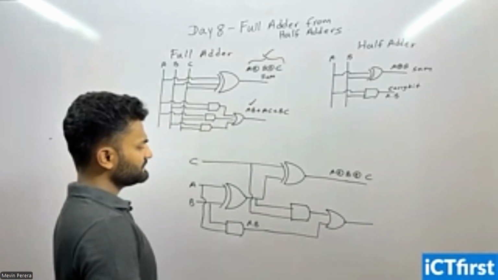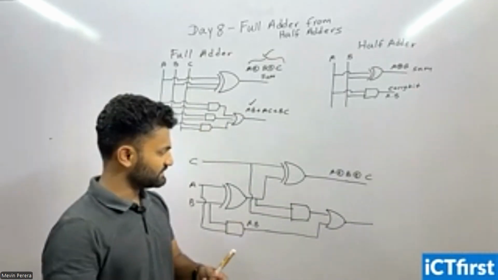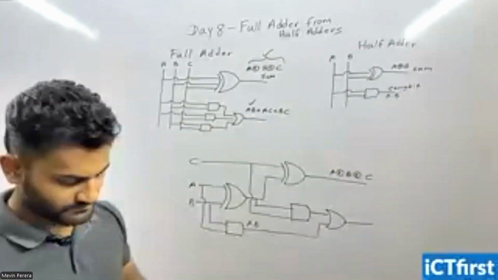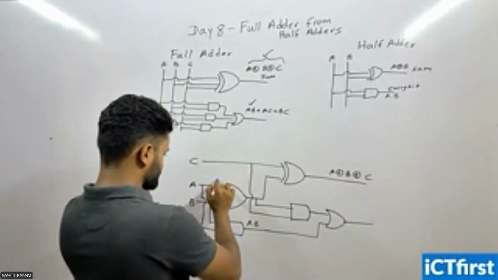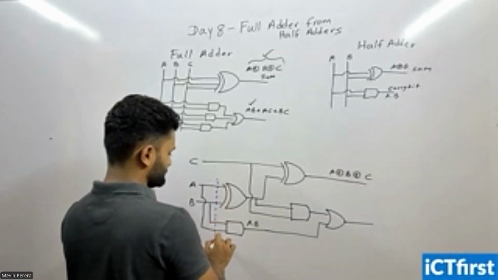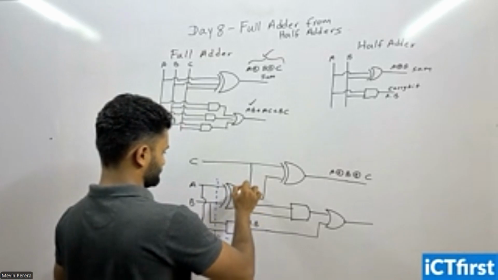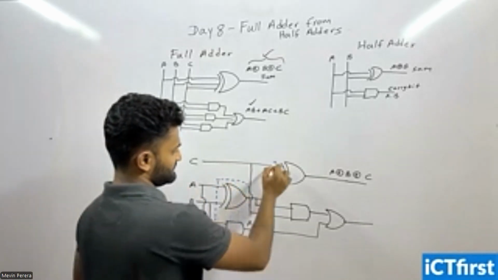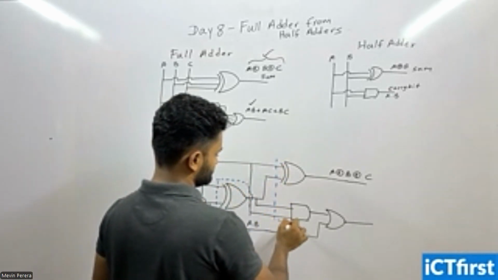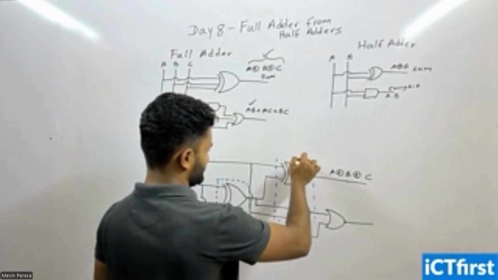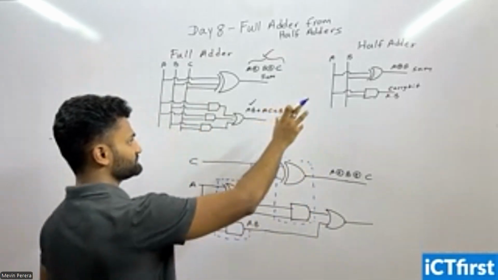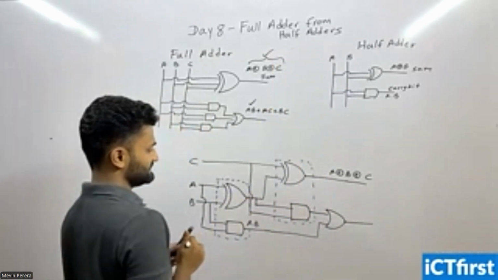All right, so this is done. So let me mark it, right? So this particular part is one half adder, and this one is another half adder, right? It's the same thing. So I'm using two half adders in this case.